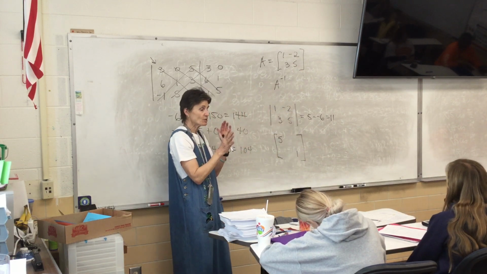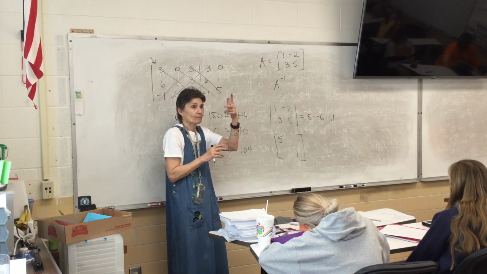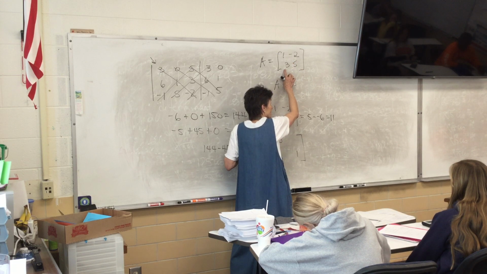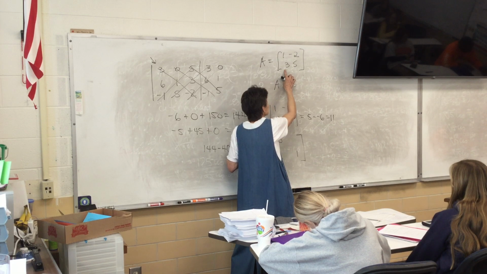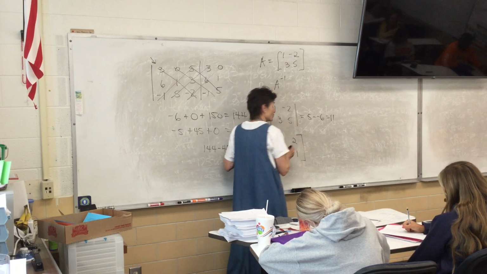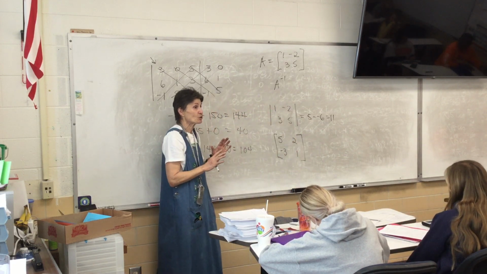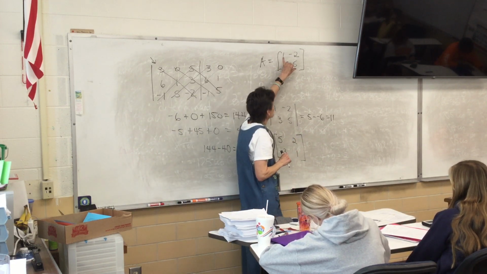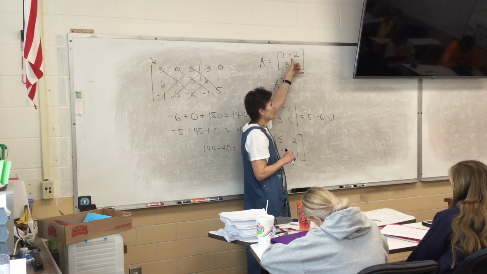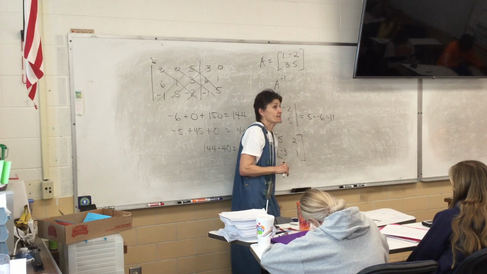Whatever they are, don't change a thing, just flip-flop them. And then the other two numbers, if they're positive, make them negative. If they're negative, make them positive. In other words, change their signs. So this is going to become a negative 3, and that's going to be a positive 2. Don't move them, just change their signs. So these two get flipped. These two get their signs changed.